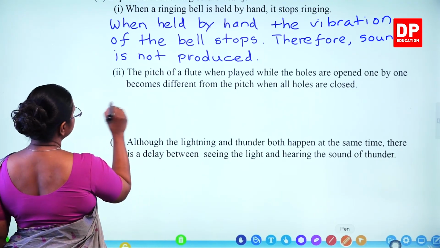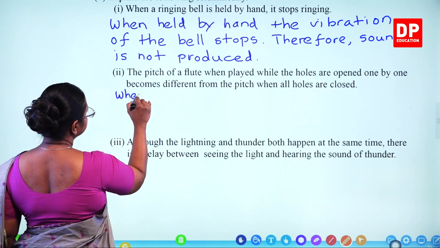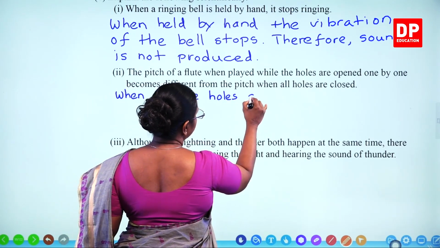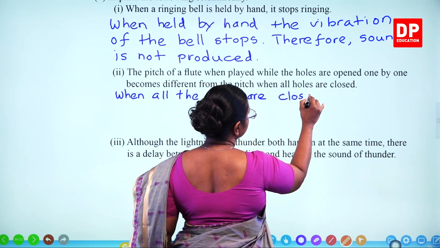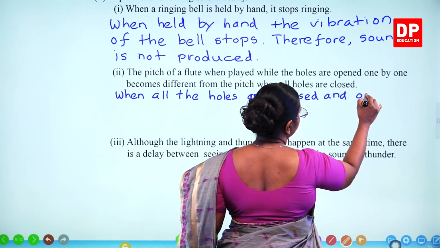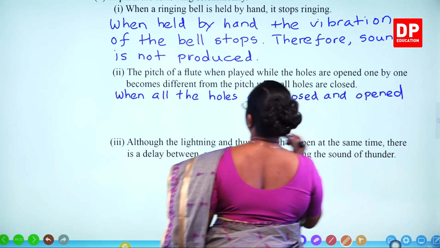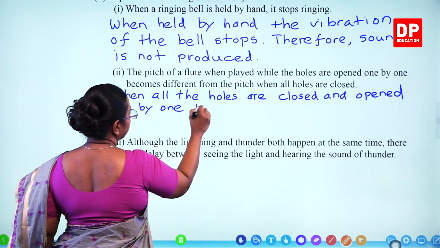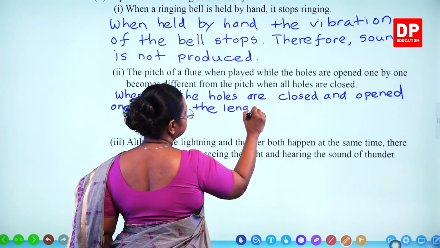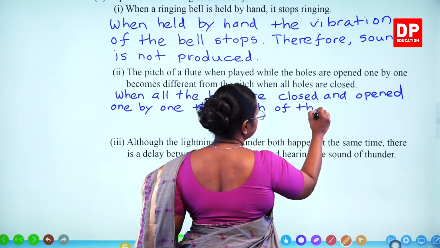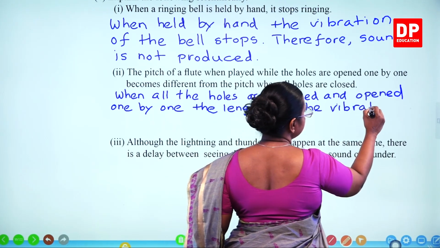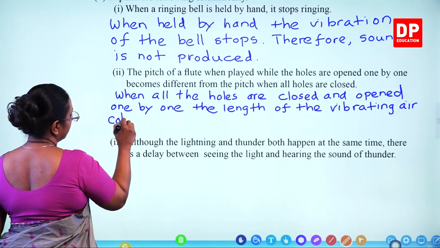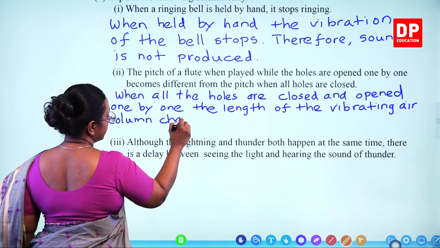So here we have to say, when all the holes are closed and opened one by one, the length of the vibrating air column changes.